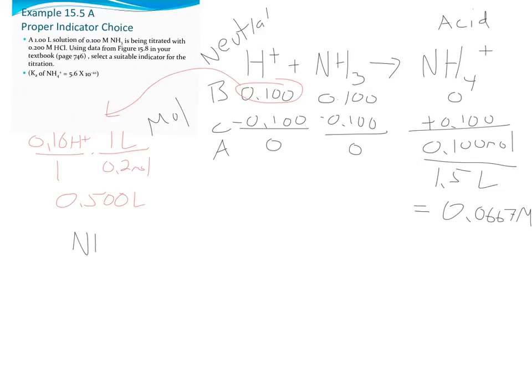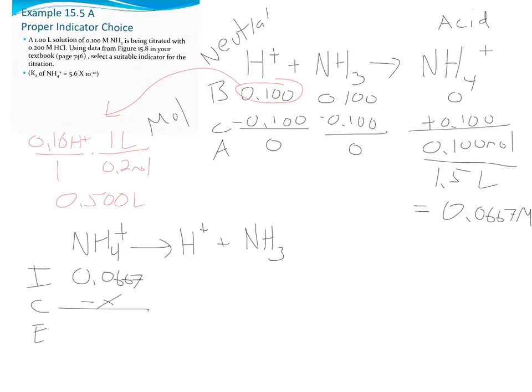Okay, so we need an equilibrium problem for that. That is my NH4 plus is going to dissociate into H plus and NH3, and that is a 0.0667 molar solution, minus x.